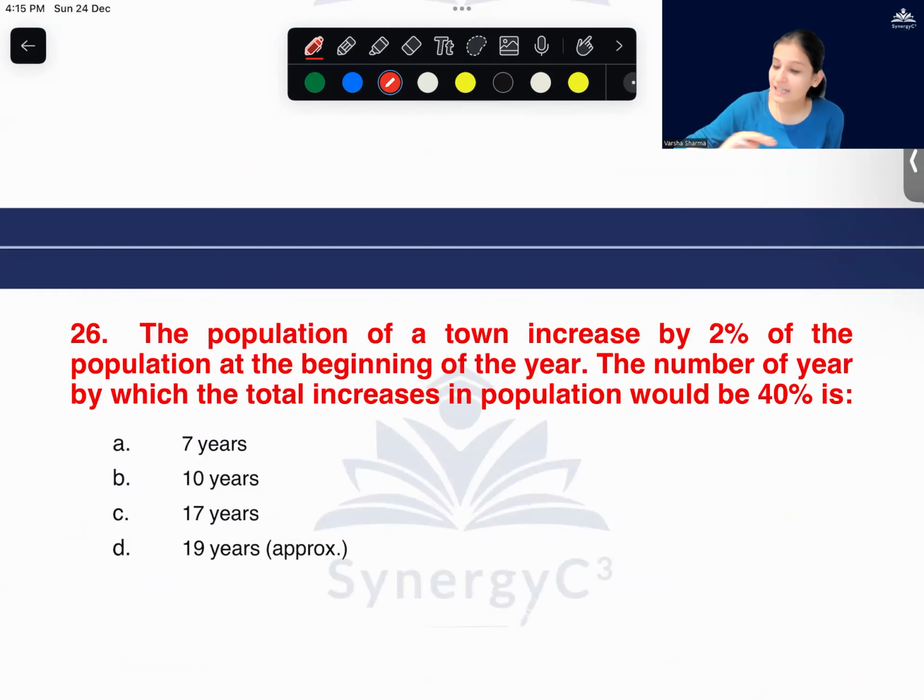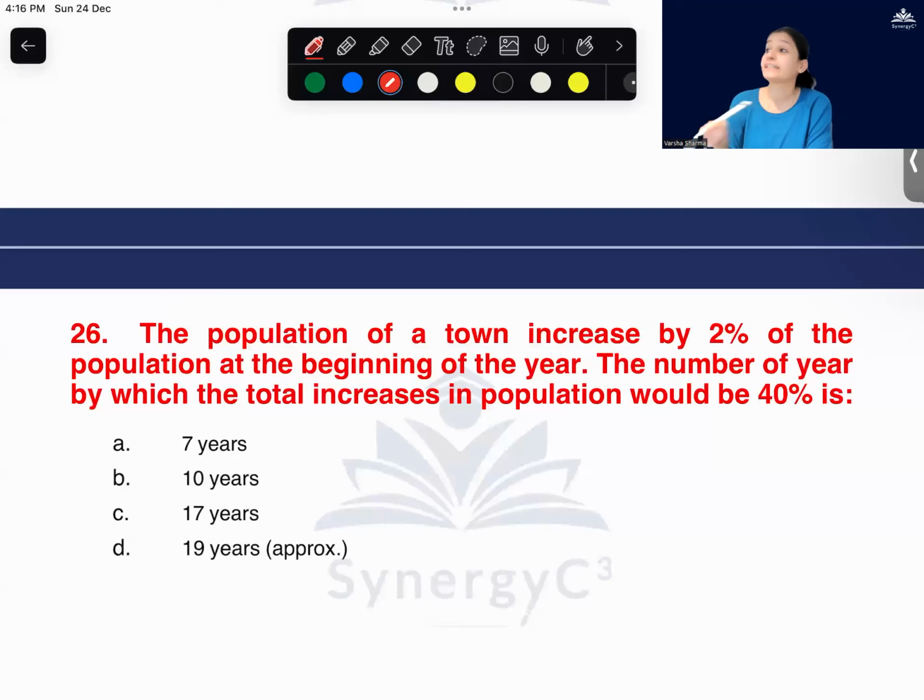Suppose the initial population is missing. They have said that if you increase the population every single time by 2%, you need to stop after 10 years or 12 years or 100 years when your population has become 40% more than whatever you started with.